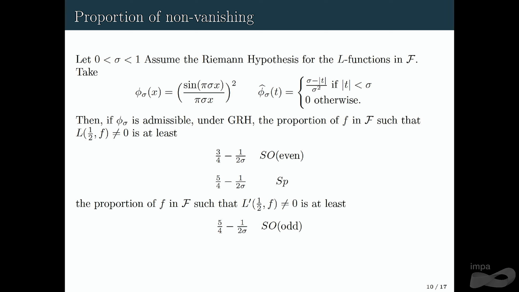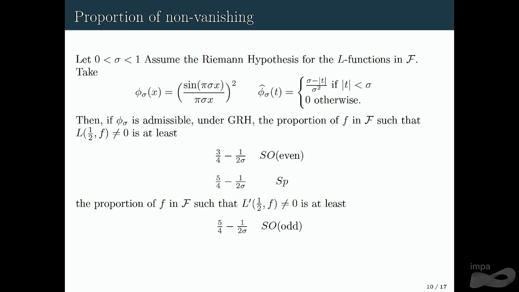The dream would be, if I can prove that my average rank is 1/2, say, then I know that there are a lot of L-functions that have rank 0, so no vanishing at 1/2, as we expect that L-functions do not vanish at 1/2 except if they have a good reason to.